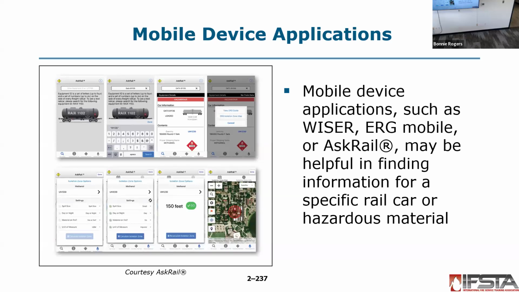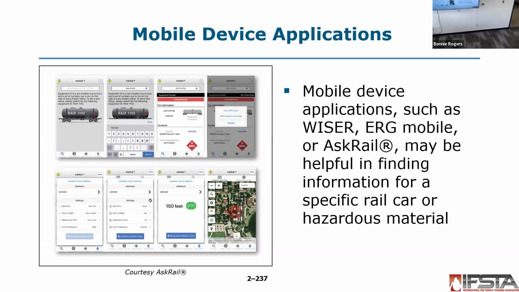What do you like to use? The ERG. Ask Rail, I don't have that one. It's really not something that I needed. Of course, maybe in Pasco, where they have a lot more rail traffic and some loading and unloading, it's something they would want there.